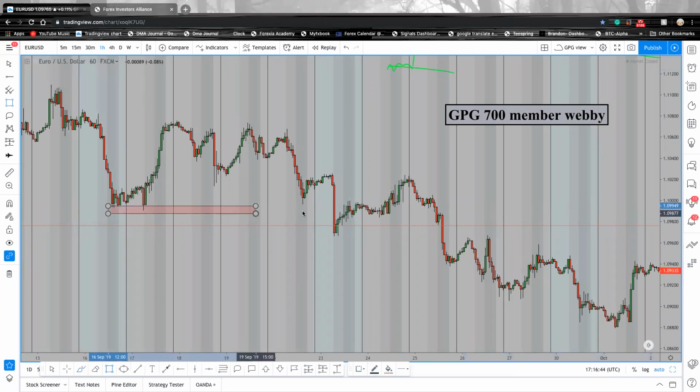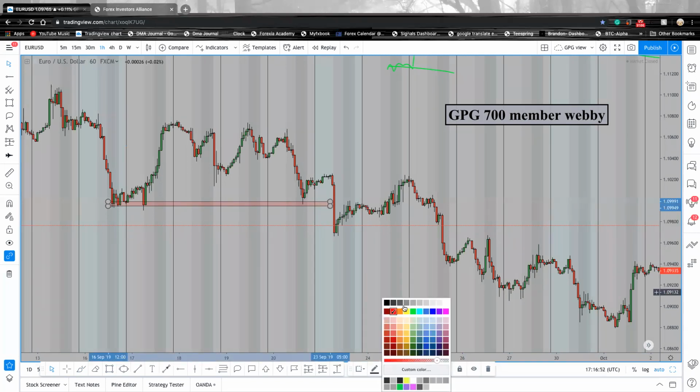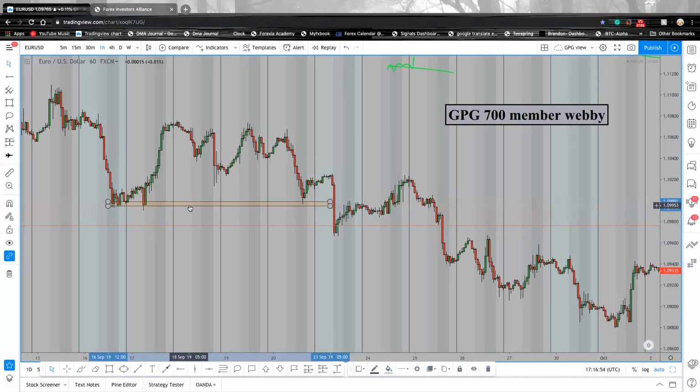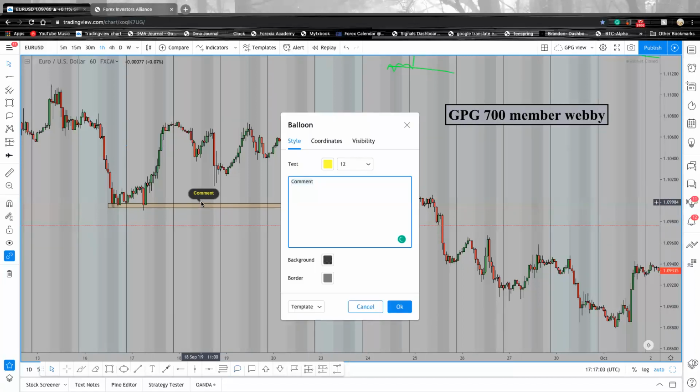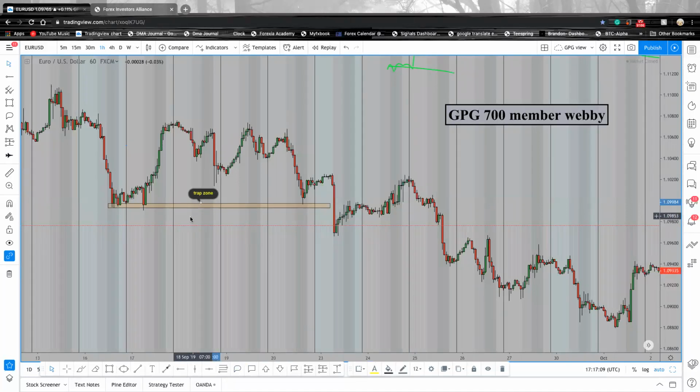So now let's see what we talked about. Right here, you can see that this acted as a support area. I'm going to make it orange like this, because it's a trap zone, right? I'm just going to show you the exact thing I just drew for you happening in the market, maybe not in this example exactly, but I'll show you in the examples.